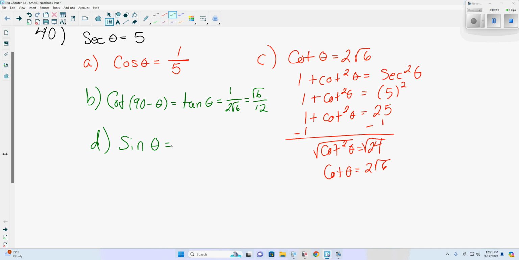I just asked for cosine, sine, cosine, cotangent, cotangent of 90 minus theta, and then sine are the ones we have. For B, do we have to put cotangent of 90 minus theta? Well, square root of 6 over 12 is the answer we're looking for.